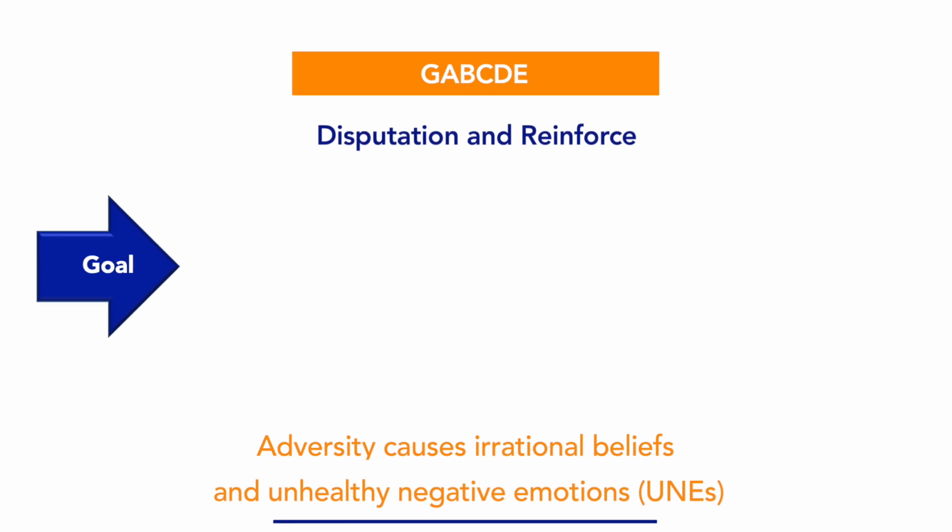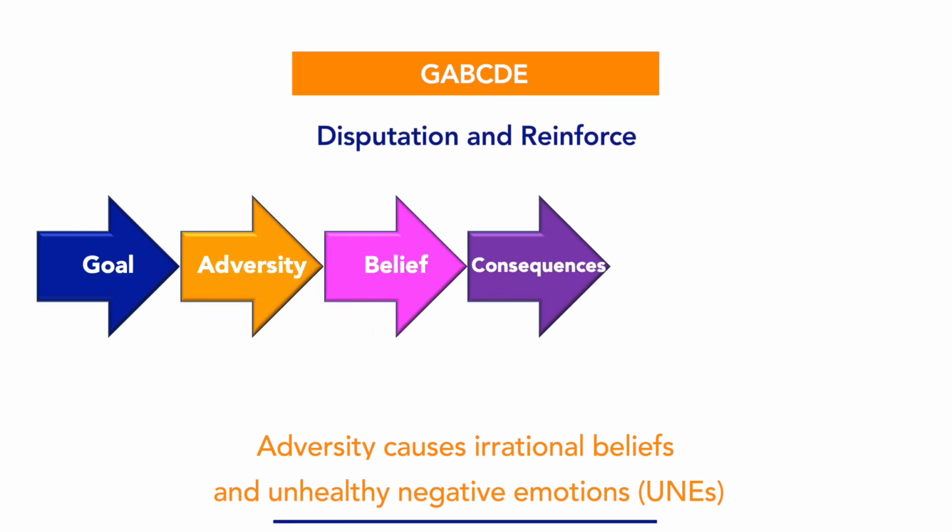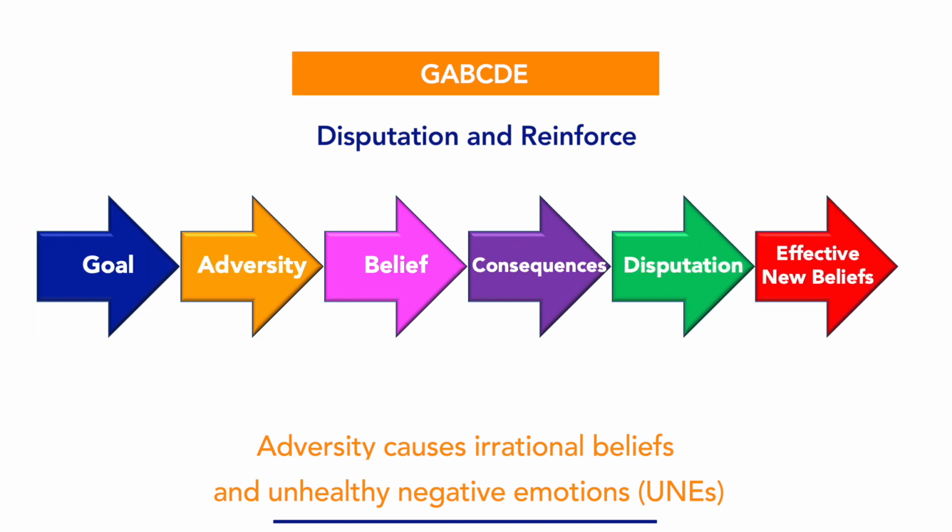D stands for disputation, or challenging the irrational or limiting beliefs. This is required for mental change to take place. Reviewing, challenging and changing problematic beliefs will set you up for future success. For example, the lead generator recognises the thought pattern, "I'm really bad at taking rejection, this call will go really badly," and changes it.